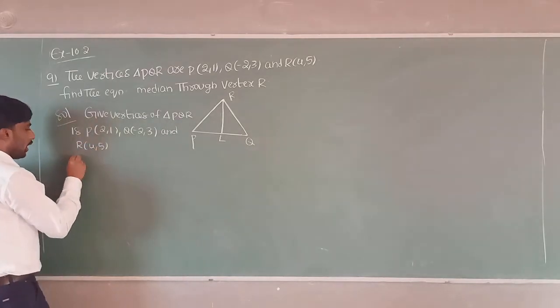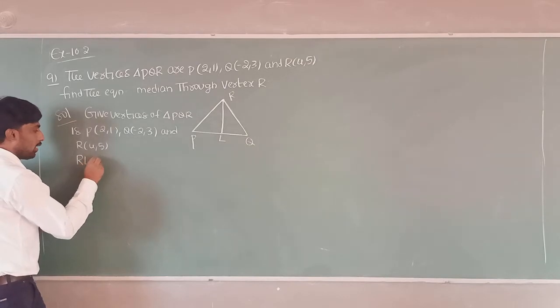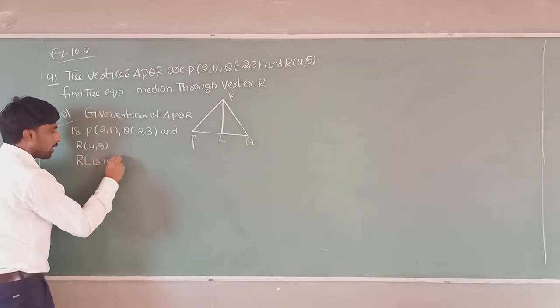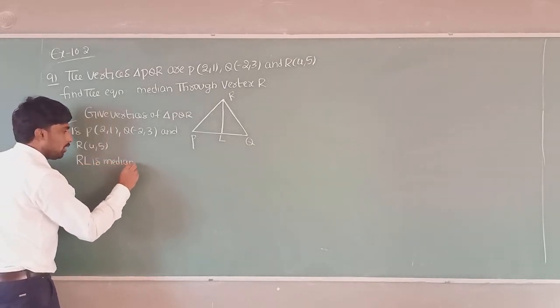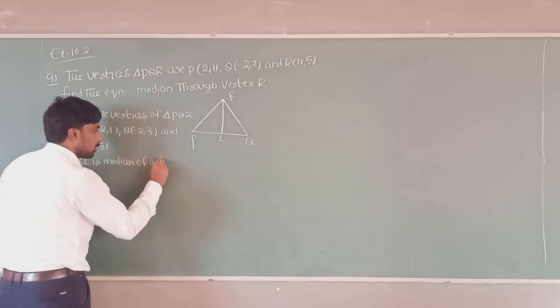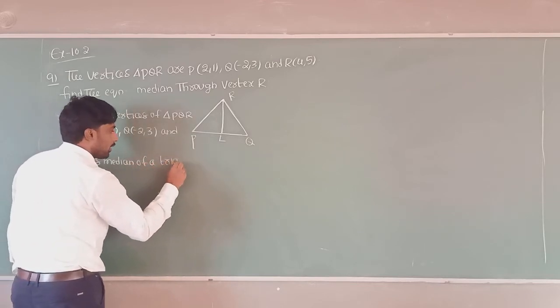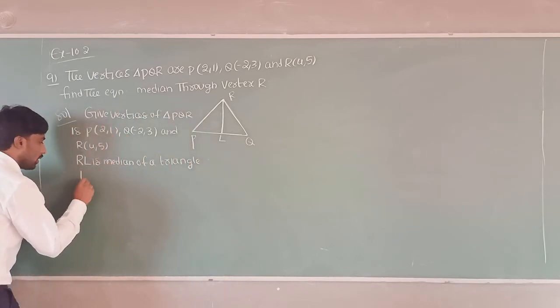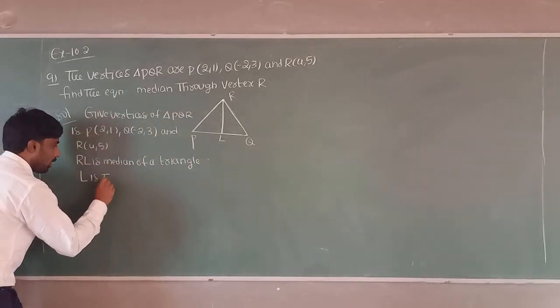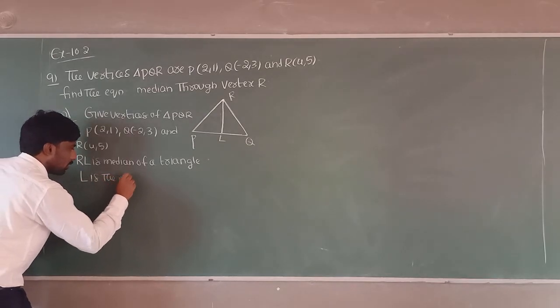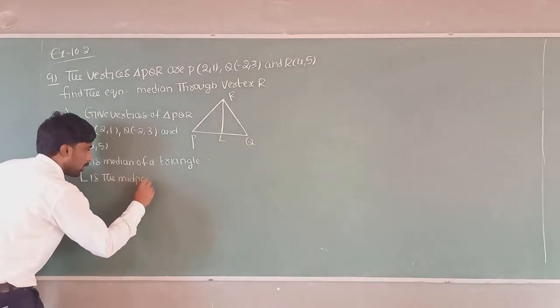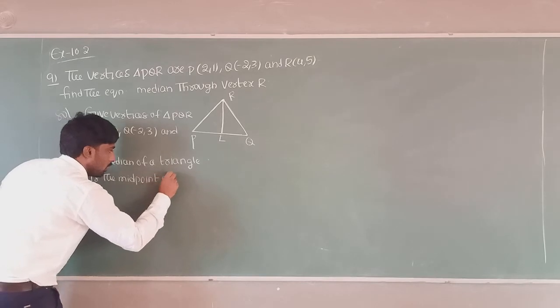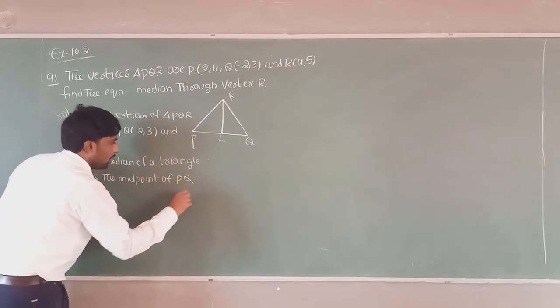So here RL is the median of the triangle, and L is the midpoint of PQ. Now, what is the midpoint formula?